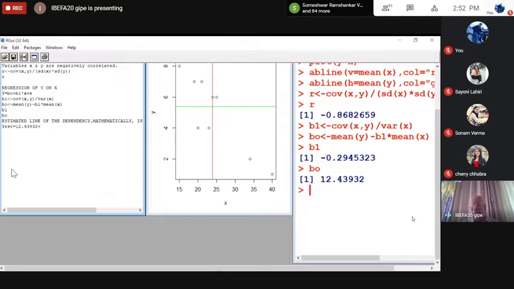Slope is negative, in bracket minus 0.2945323, multiplied by X. This is the line. So if you put X, you will get the estimated value.